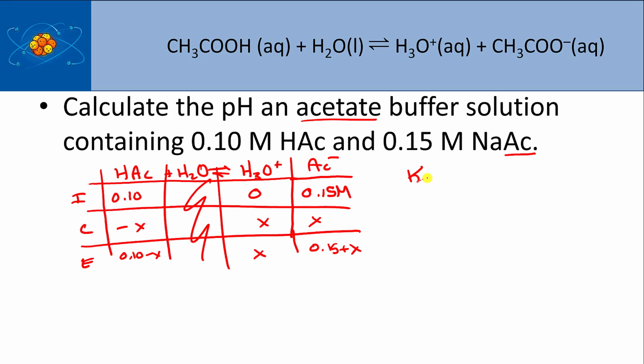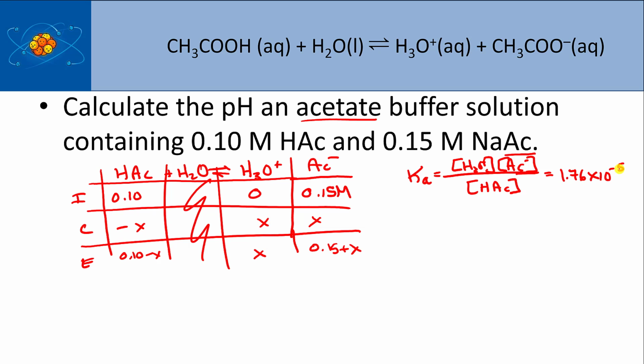So Ka is equal to hydronium times Ac minus, because I added a C to it for acetate, and then over HAc. And this is going to be equal to, and then you have to look up the Ka value. The most precise one I could find is 1.76 times 10 to the minus fifth.